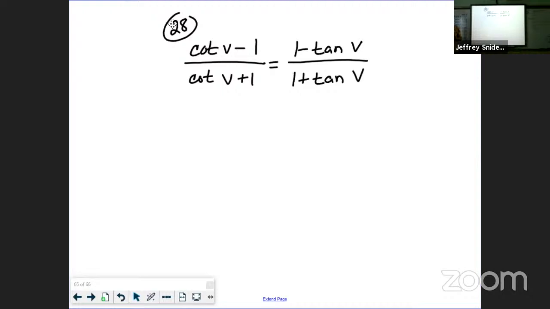You can look at this multiple ways. You can think of this as a quantity over quantity. You could also think of this as this over this minus this over this. You can split it into two separate fractions if you want as well. That's always an option when you're dealing with fractions.